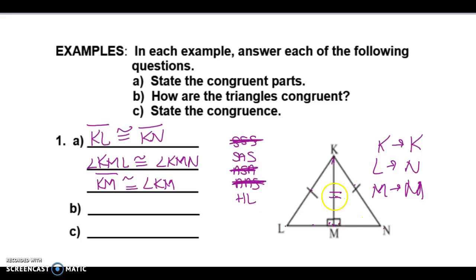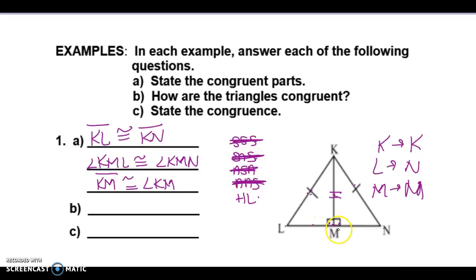And then this is a right triangle, so it might be hypotenuse leg. So remember, side, angle, side, your angle has to be included between the two sides. So if we were to use side, angle, side, it would have to be these two angles that are congruent to each other. But they are not congruent to each other in this situation. So it cannot be side, angle, side.